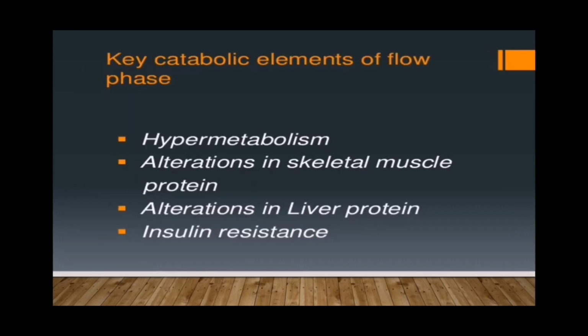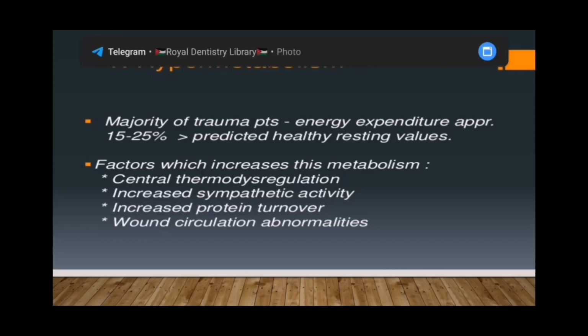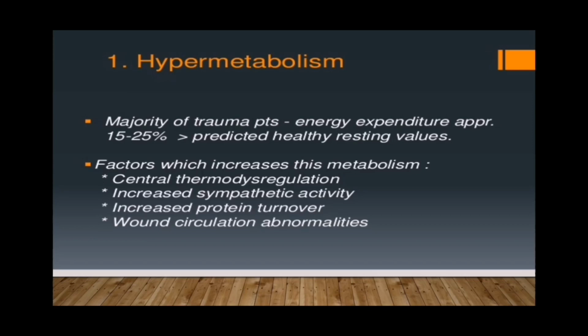IGF. Key catabolic elements of the flow phase: hypermetabolism occurs, alteration in skeletal muscle protein, alteration in liver protein, insulin resistance. Hypermetabolism: in the majority of trauma patients, energy expenditure is approximately 15 to 25% above predicted healthy resting values.